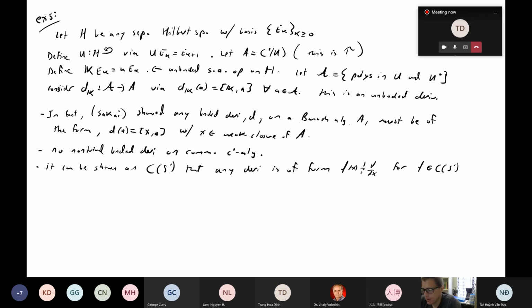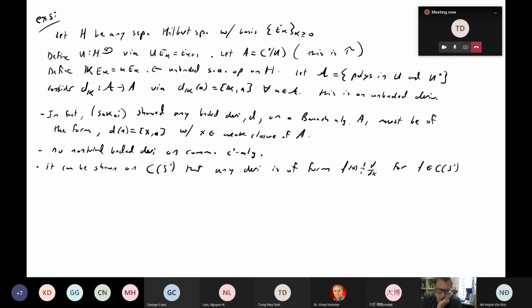So it must be basically differentiation up to multiplication by a continuous function. It's not too terrible to demonstrate. That completely classifies the non-trivial derivations on the continuous functions on the circle, and you can do the same for the disk in this fashion.